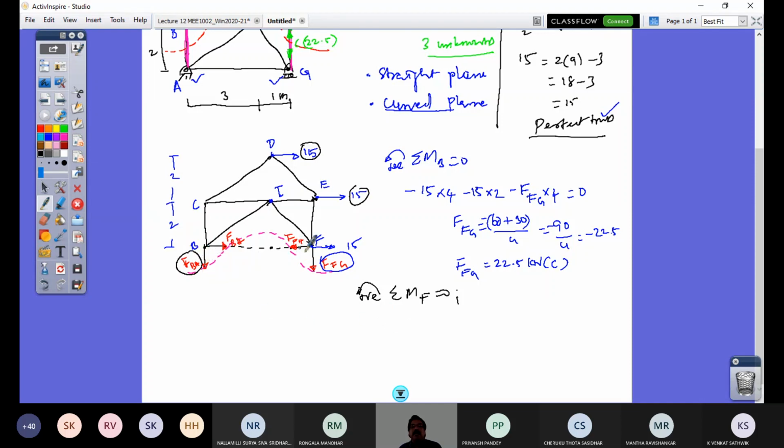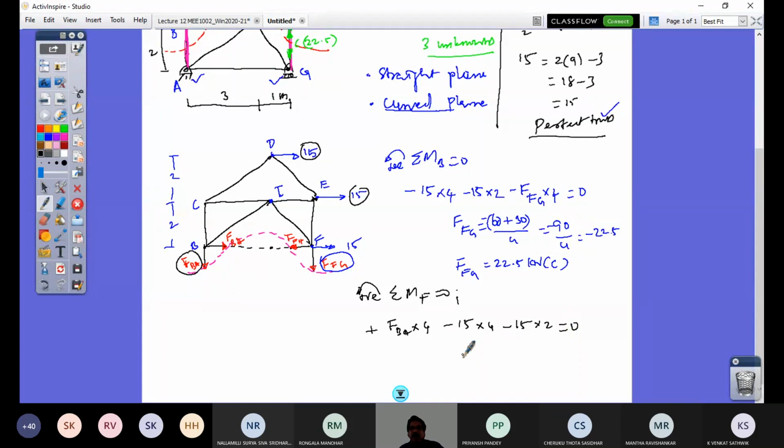Look at this is downward direction. The moment arm would be rotating virtually in a counterclockwise sense. So I would have now FBA into 4, which is positive. And then about this, these two would create clockwise moment. So minus 15 into 4 minus 15 into 2, that's equal to 0.